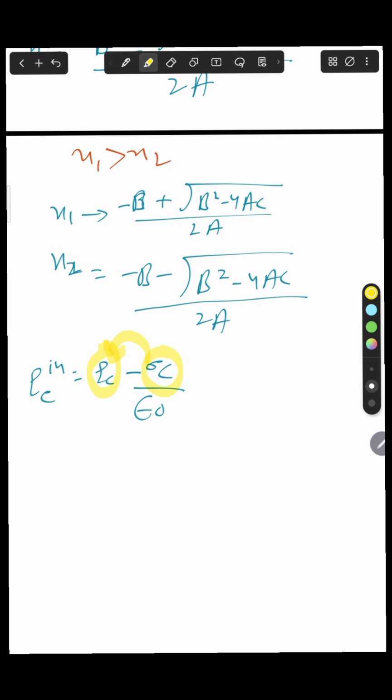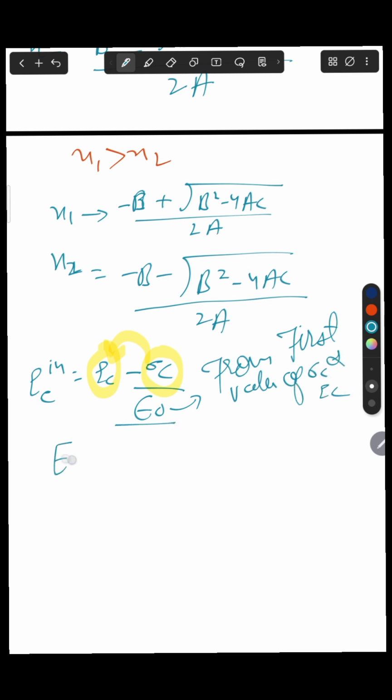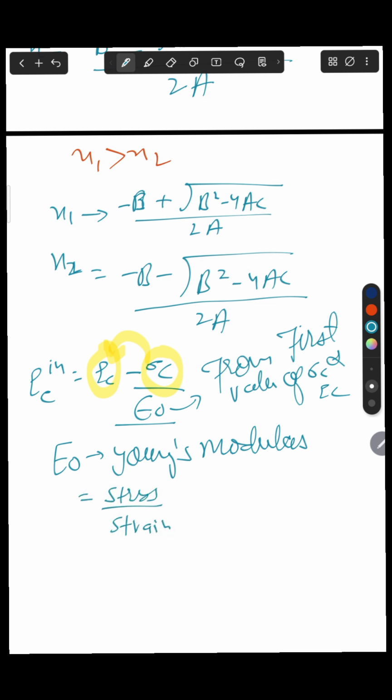From the first value of sigma c and epsilon c we can find E naught, because E naught is Young's modulus, and it is stress upon strain. So we can find E naught.